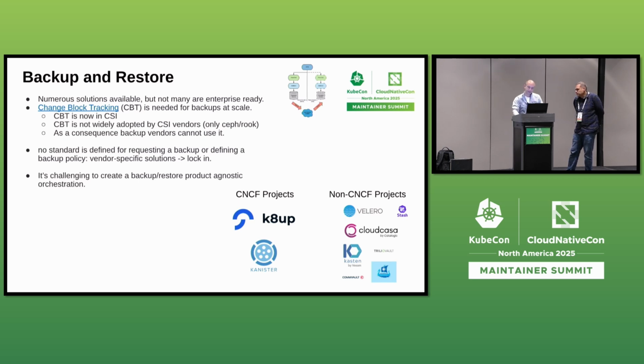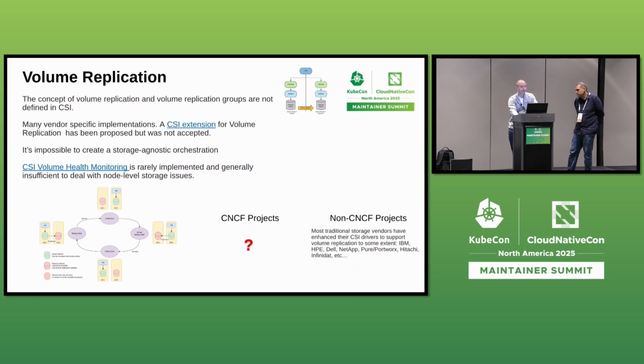Okay, next one, volume replication. So where are we with volume replication? This is highly, highly requested these days, because as you probably know, there is an influx of new workloads in Kubernetes with KubeVirt. A lot of people want to move their virtual machines inside of Kubernetes.